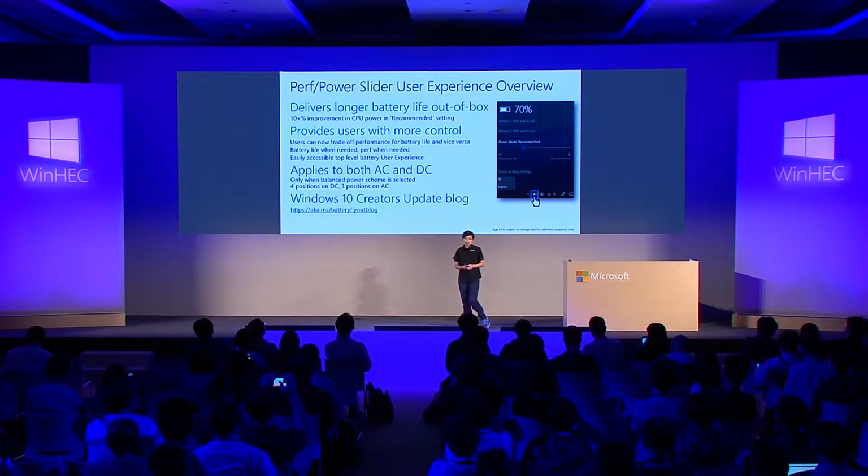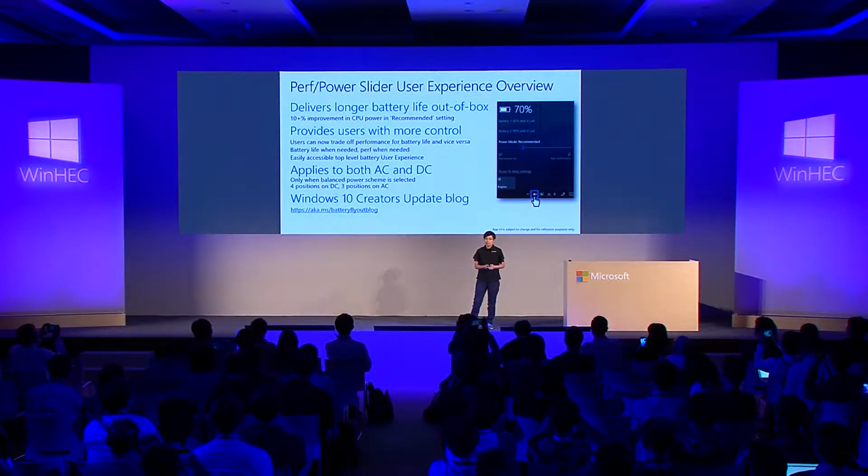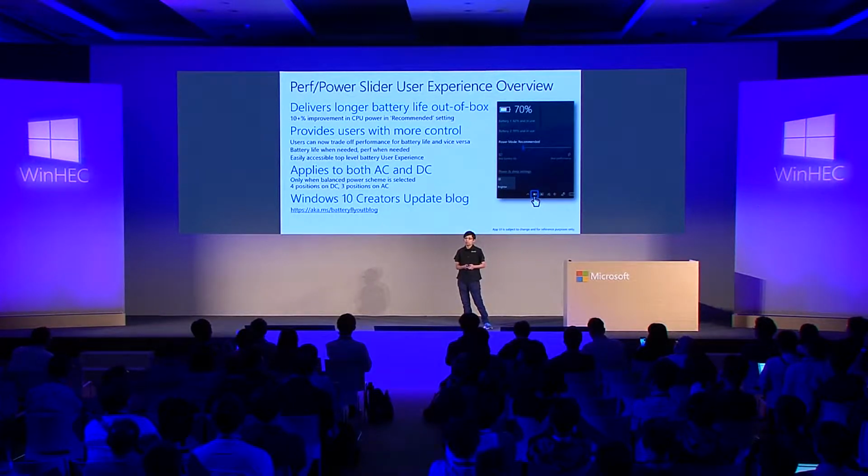So we introduced the perf and power slider user experience in the Windows Creators Update as an OEM opt-in feature. This feature improves battery life by 10% when the slider is in the recommended or power saver positions. It gives users more control of making the trade-off between performance and power.